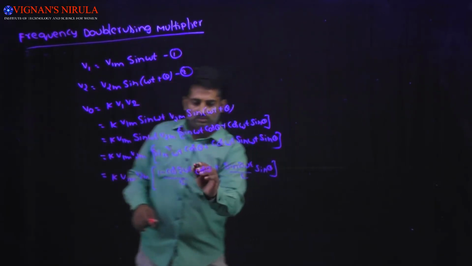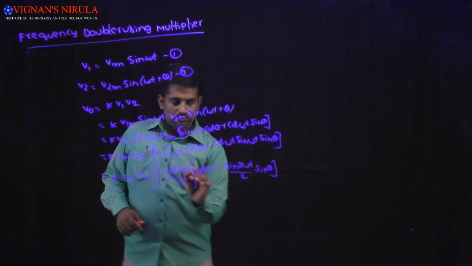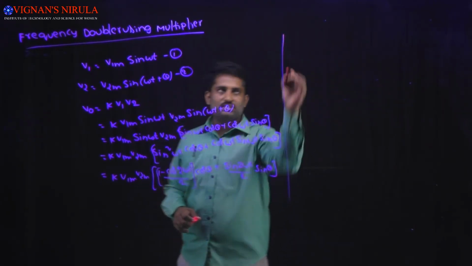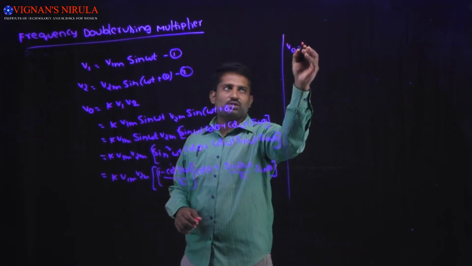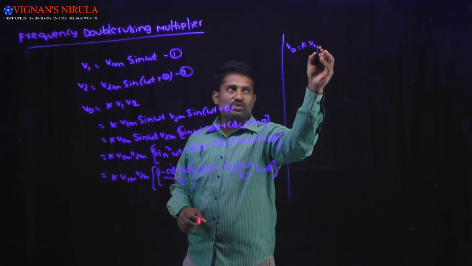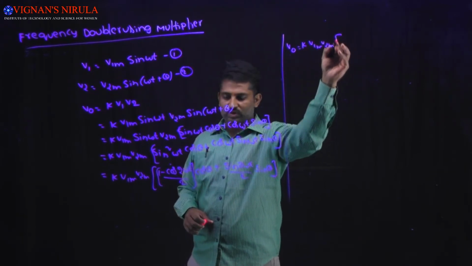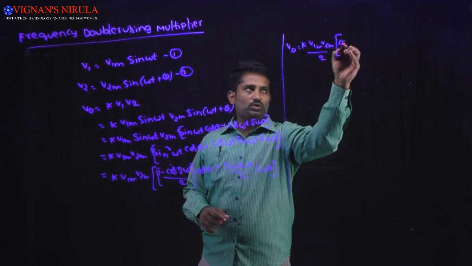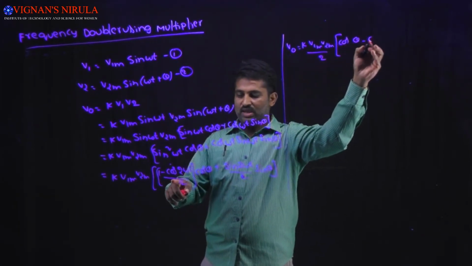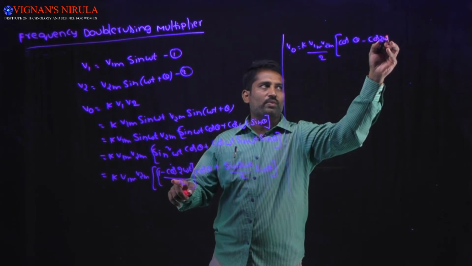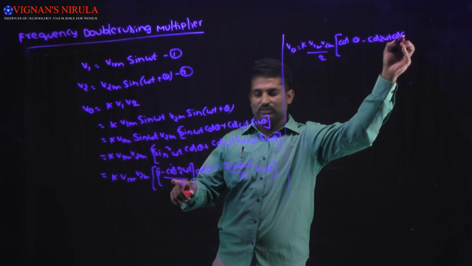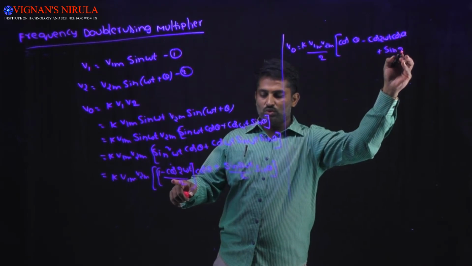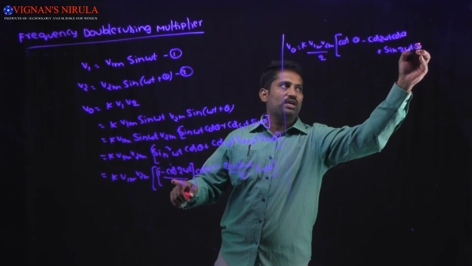Okay? So from this what we can write is V0 is equal to K into V1m into V2m divided by 2 into cos theta minus cos 2 omega t into cos theta, and then plus sine 2 omega t into sine theta.